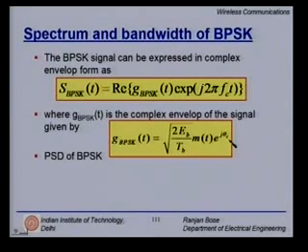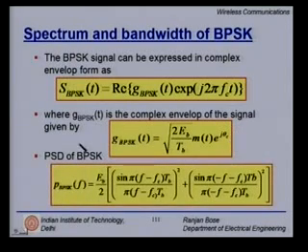The power spectral density of BPSK can be calculated to be of this form. It is more interesting to plot this out and see how it looks, because part of the job of a good modulation technique is to have good spectral properties of the modulated waveform, because that has a direct implication on the design of the transmitter and receiver.